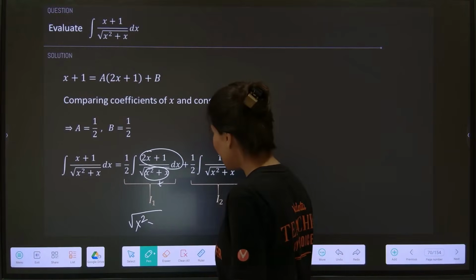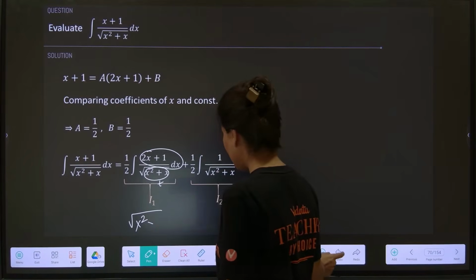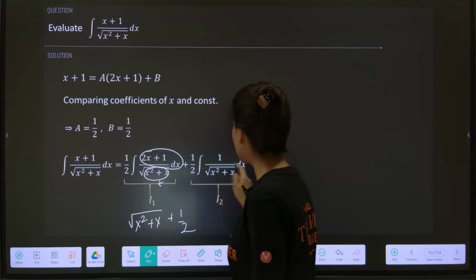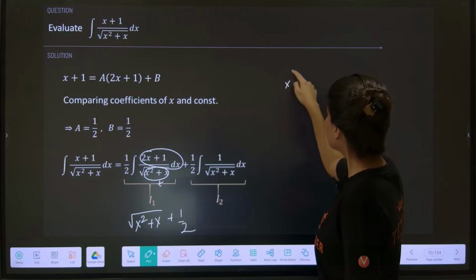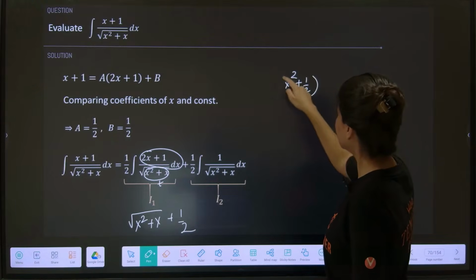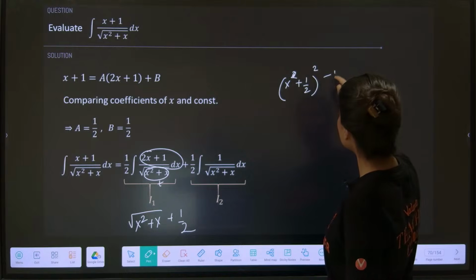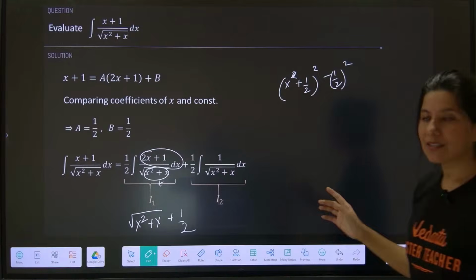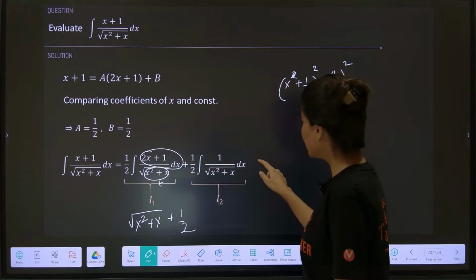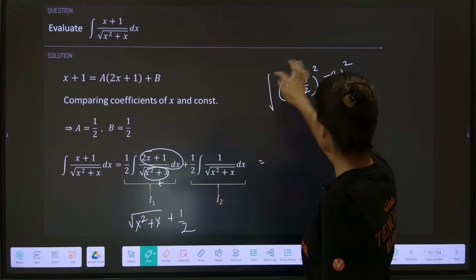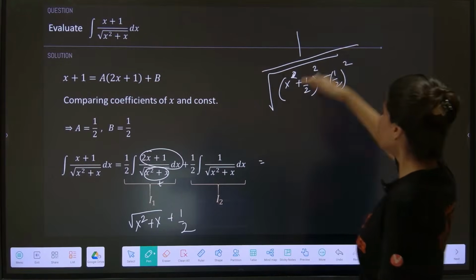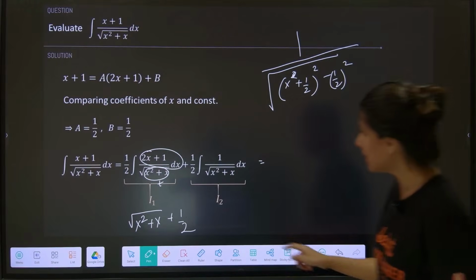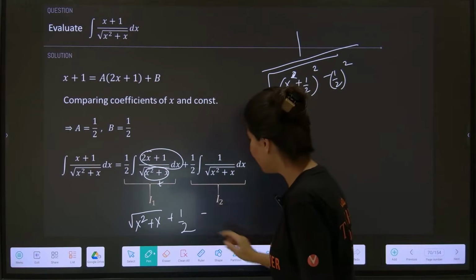And for the second part, you have to make it a perfect square. This is 1 by 2. So x square plus 1 by 2 x, make it (x plus 1 by 2) square minus something. So this is square root of x square minus a square in the denominator. So this is very simple. This is plus half, and you know what?